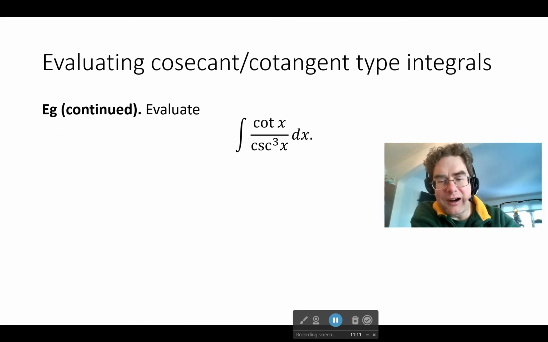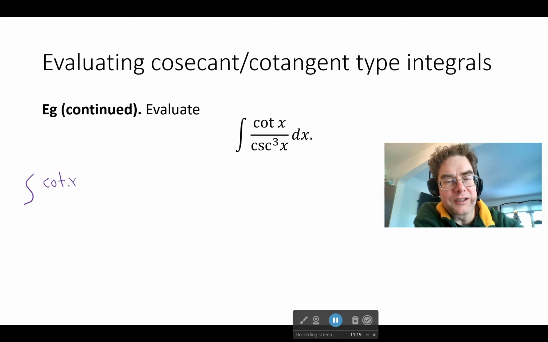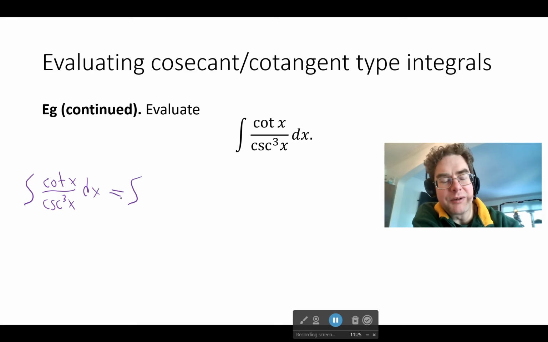Okay, so using our chosen method here, which was option 2, let's go ahead and finish off this integral. Our original integral, again, cotangent x over cosecant cubed x dx, we got that rewritten in terms of sines and cosines as sine squared x cosine x dx.